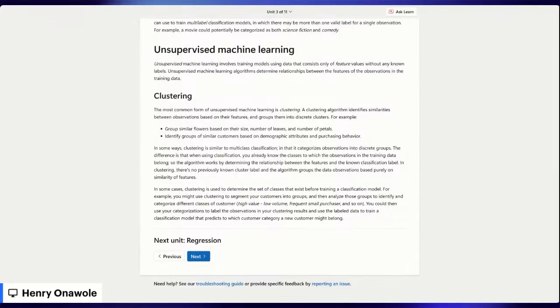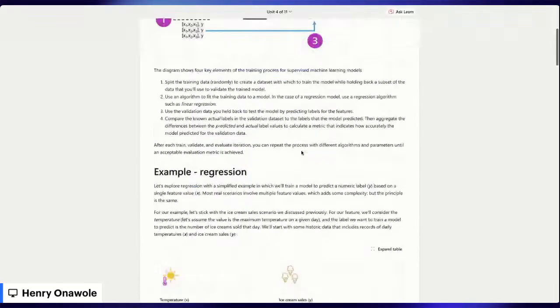You can use it to classify if something belongs to a particular community. Yes, you can actually use clustering to determine that. Okay, we're going to look at some of the business use cases where unsupervised machine learning is being utilized or leveraged, most especially the clustering techniques. Okay, let's move to regression.